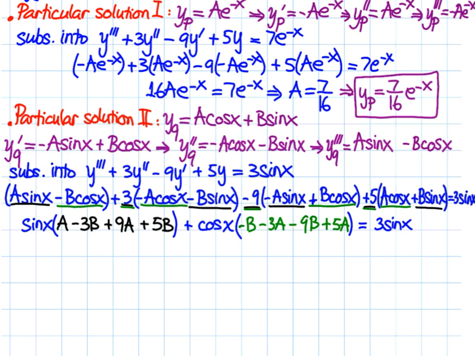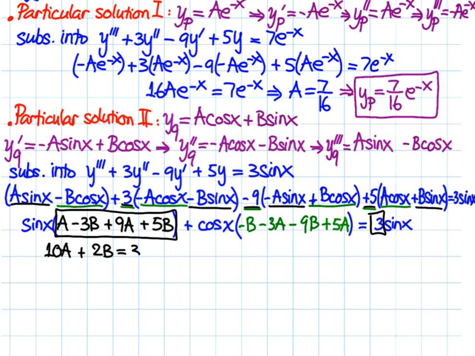Undetermined coefficients: the coefficient of sine x must be equal to 3, and the coefficient of cosine x must be equal to 0. So this coefficient here has to be equal to 3. Combining like terms, we should have 10a plus 2b equal to 3.